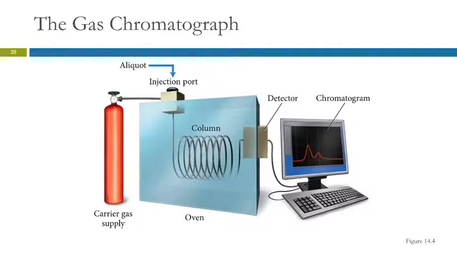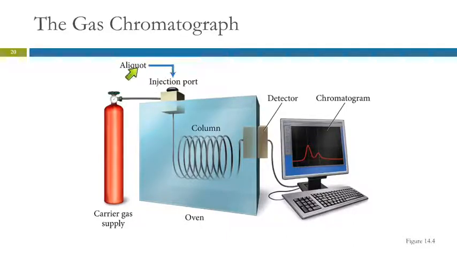You can see it. It's labeled, the detector. The detector sends signals to the computer. So the gas passes through the detector, and the detector will give very little signal from that carrier gas.